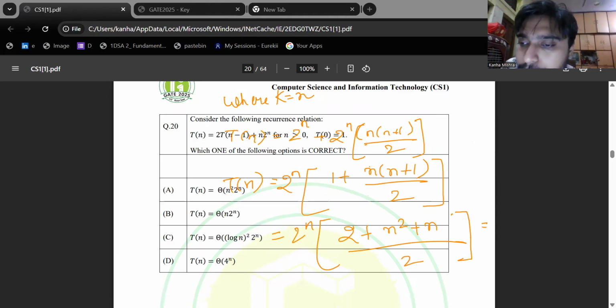So it comes out to be 2 to the power n plus 1 plus 2 to the power, let's divide it now. So n minus 1 into 2 to the power n minus 1 into 2 plus n square plus n. Okay, so let's solve that.